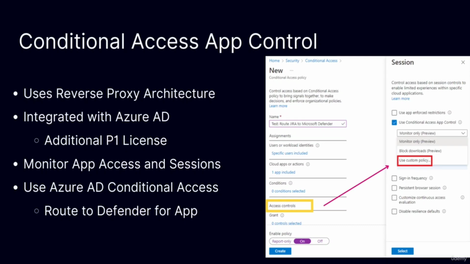And what you want to do is route all the users, instead of them going directly into the apps. You want to route it in a way so that the user's access goes into Microsoft Defender for Cloud Apps, and then everything is monitored by Defender for Cloud Apps. That is what you're doing with conditional access app control, routing the users to Microsoft Defender for Cloud Apps. Otherwise, they'll just go directly to the app itself.